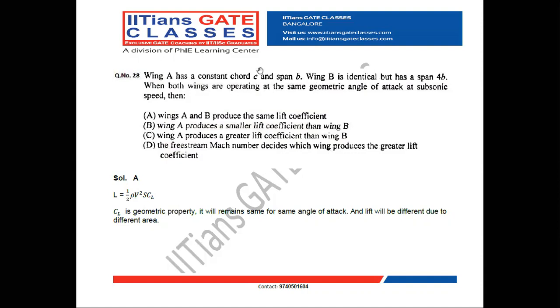That means we are using the same class of aerofoil as wing A, thereby the lift coefficient never changes. So option A is the correct answer. Wing A and B produce the same lift coefficient, but wing B produces 4 times higher lift than wing A. Okay, so option A is the correct answer.